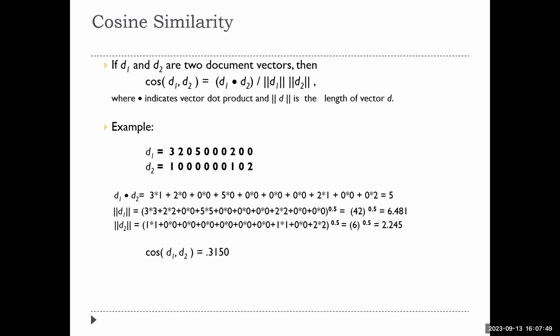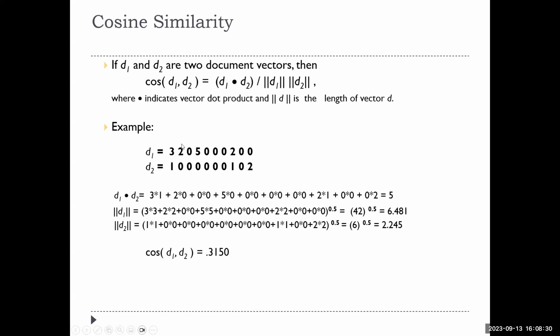If d1 is your vector 3, 2, 0, 5, 0, 0, 0, 2, 0, 0, and the other vector is 1, 0, 0, 0, 0, 0, 0, 1, 0, 2, you first find the dot product, meaning multiply each corresponding attribute: 3 times 1, plus 2 times 0, plus 0 times 0, plus 5 times 0, plus 0 times 0, etc., up to 0 times 2. You get 5 in this case.